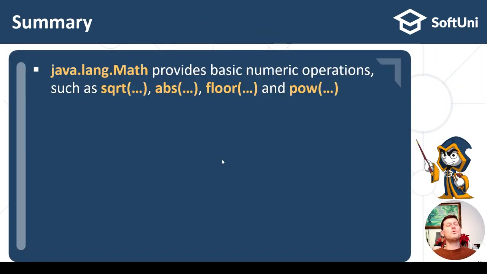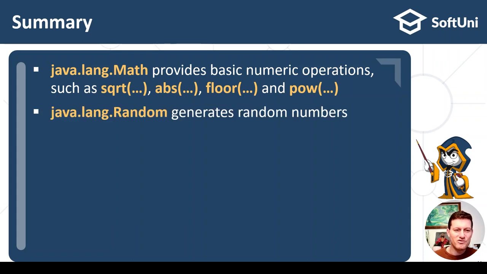Okay, so let's go ahead and summarize what we have learned today. Today we have learned that Java's Math class provides basic numeric mathematical operations such as square root, absolute value, floor, ceil, round, power, cosine, sine, and so on. Java's Random is a pseudo-random number generator which can be initialized by a seed or with a random seed, and you can call nextInt, nextDouble, and so on.